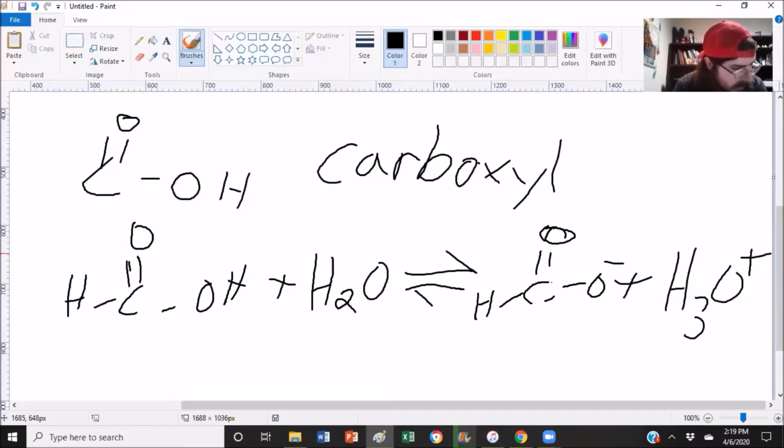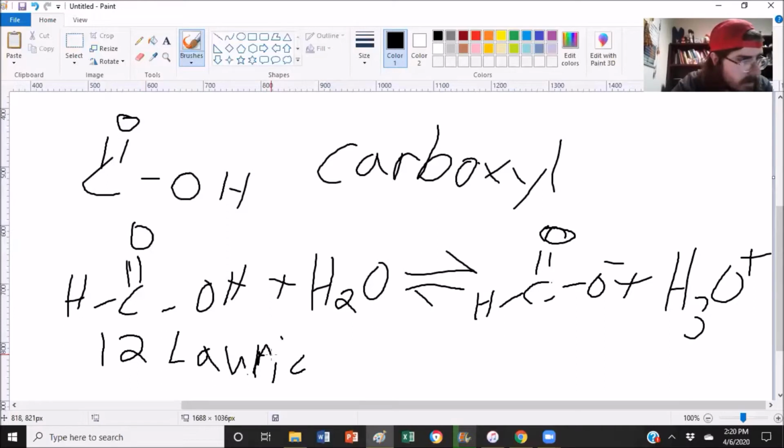Now, there are a few common names, some of which are more common than IUPAC names, but we try not to use them too much. For example, 12 carbon fatty acids are often called lauric acids. We have formic, acetic, there's a lot of them.